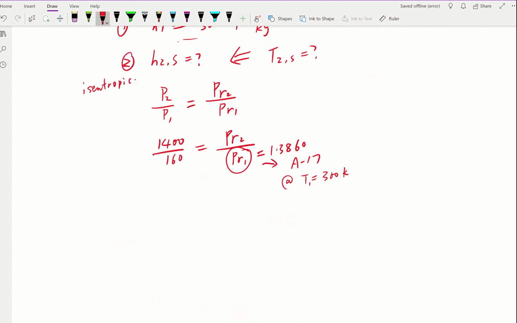So knowing that, we actually just need to find PR2. So I'm going to put it into the calculator. I have 1400 over 160, and then times 1.386. That's going to give me PR2 as 12.1275.